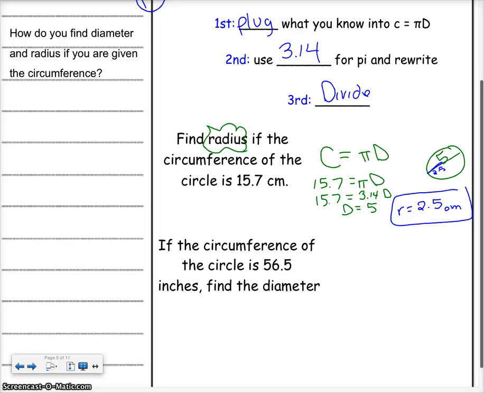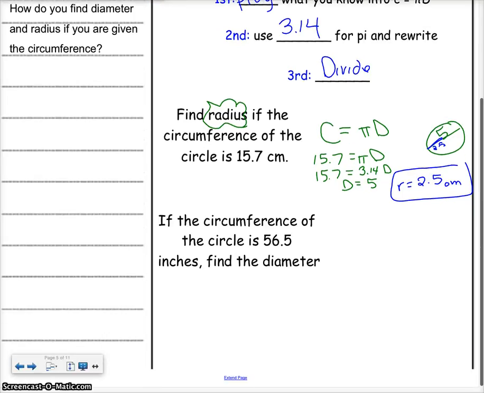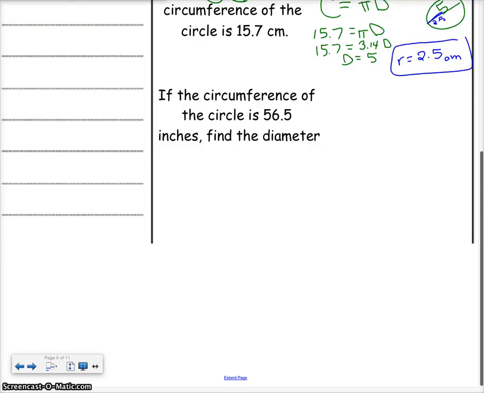Okay? So if the circumference of a circle is 56.5 inches, find the diameter. So here's what I know. Circumference is pi times diameter. I'm already given circumference, so instead of timesing by pi, I will divide by pi. So 56.5 divided by pi.